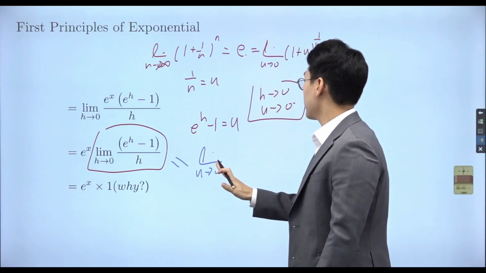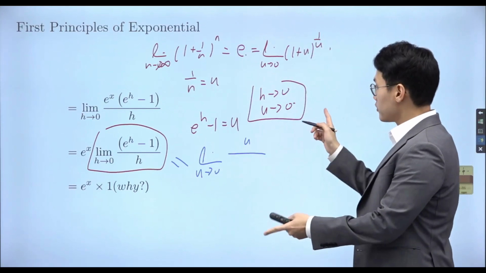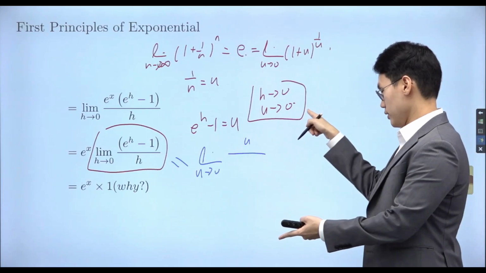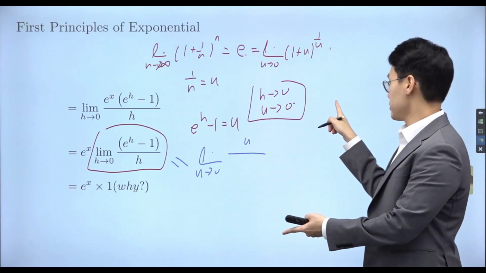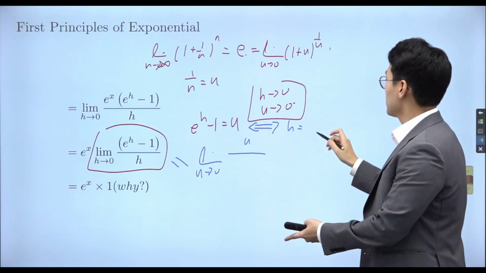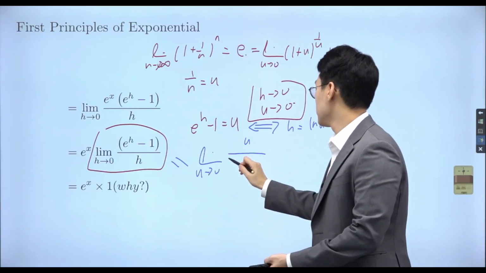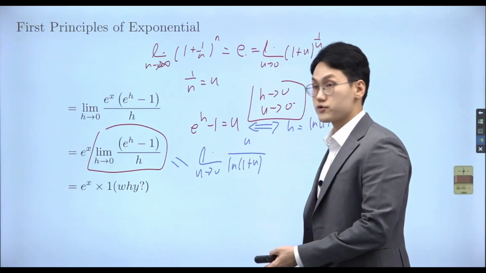That's great. And then I will make h the subject using the inverse function of the exponential, which is the logarithmic function. So if you make h the subject, then h is going to be ln(1 plus u). Voila, very good. So I got ln(1 plus u). That is great, you see.